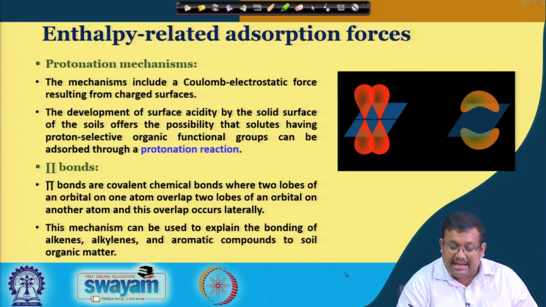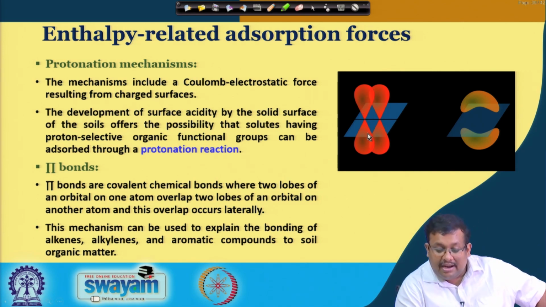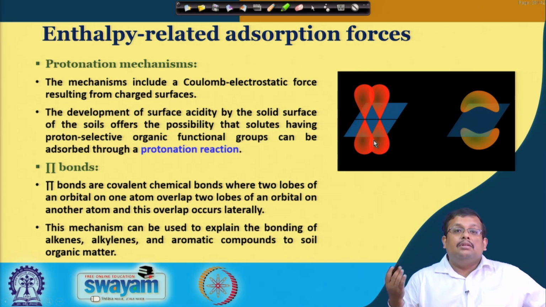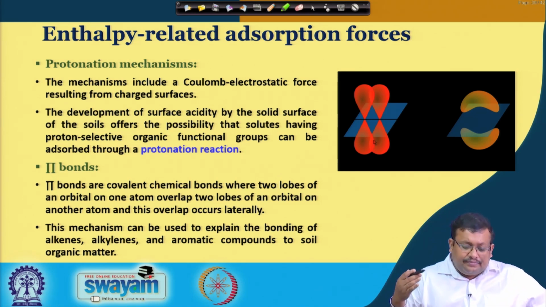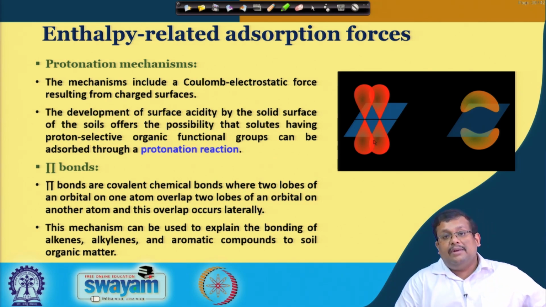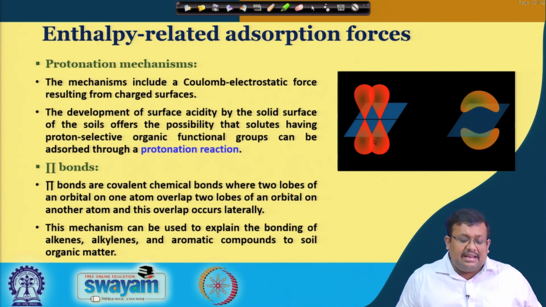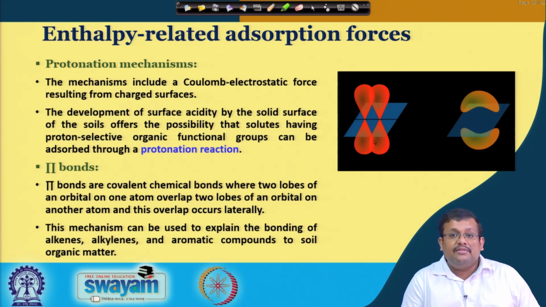As you can see here, this overlapping is occurring laterally. This mechanism can be used to explain the bonding of alkenes, alkynes and aromatic compounds to soil organic matter. So, this is another important enthalpy related adsorptive force.